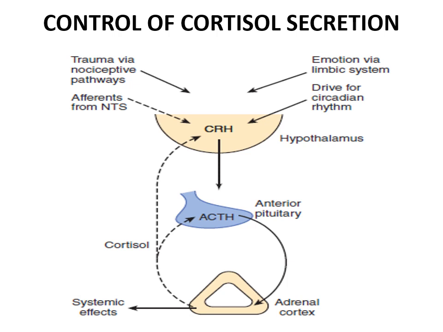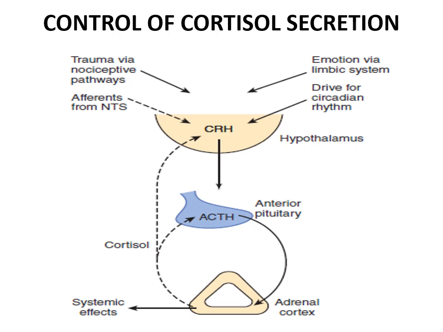So now, control of cortisol secretion. Hypothalamic release of corticotropin releasing hormone occurs in response to endogenous or exogenous stress. So corticotropin releasing hormone stimulates the synthesis and release of ACTH.